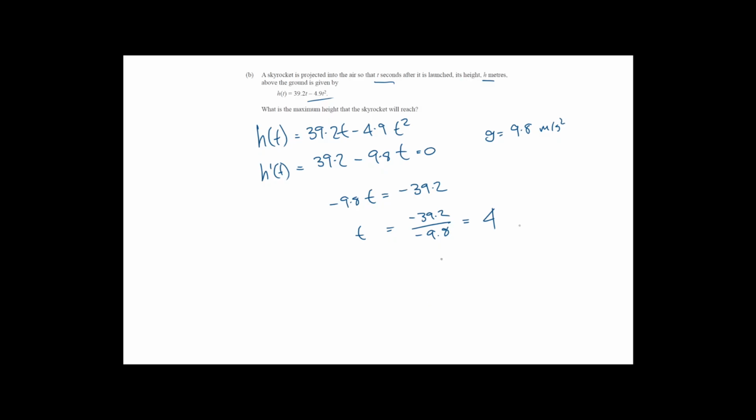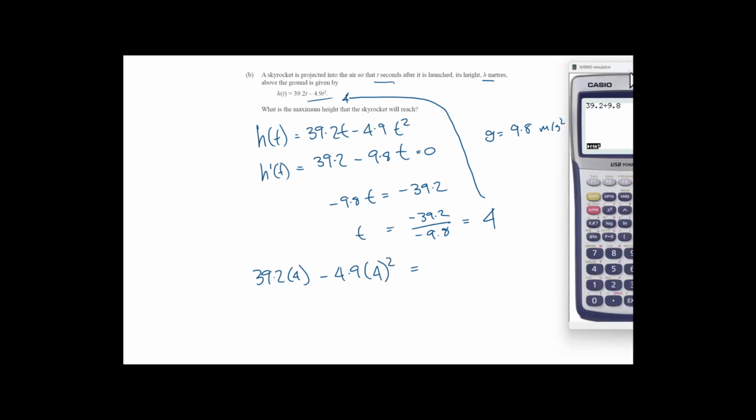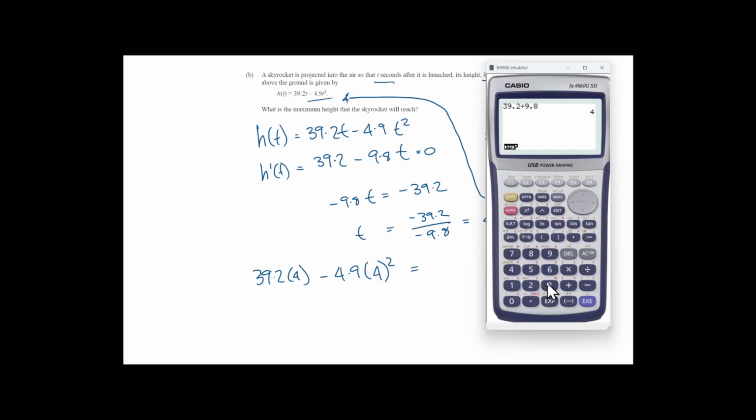So for the maximum height, we're going to put this 4 into this original equation. So 39.2 times 4 minus 4.9 times 4 squared. I'm going to grab the calculator and do that. 39.2 times 4 is that, so that's how high it would be if there was no gravity.